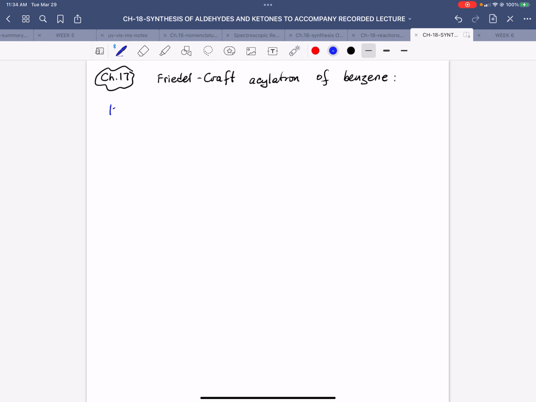So again, let's put ketones are produced by reacting benzene with acyl chlorides. Aluminum chloride is used as a catalyst, we can follow up with cleaning the water-soluble residue from the reaction mixture.